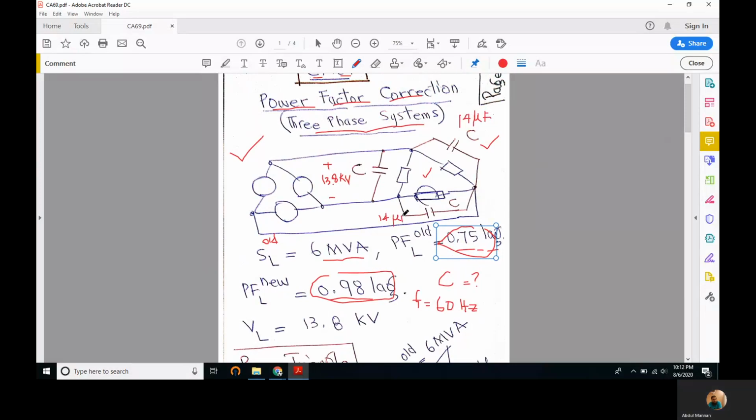That will improve the power factor of this delta connected load from 0.75 lagging to 0.98 lagging.